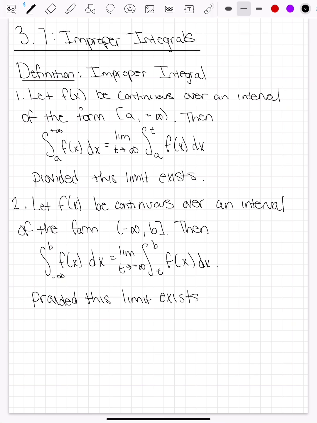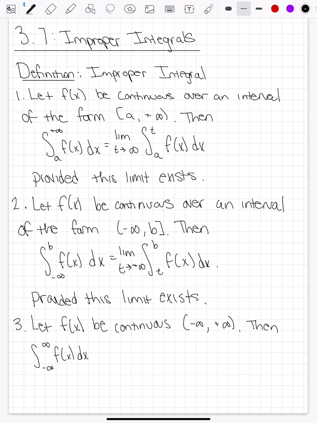And then lastly, this is the case when you have both bounds infinite. So in this case, we need f of x to be continuous over the whole real number line. Then the integral from negative infinity to infinity of f of x dx is, remember we could split up the interval that we're trying to integrate, so we're going to take from negative infinity to 0, splitting it up at 0, and then add on the integral from 0 to positive infinity.